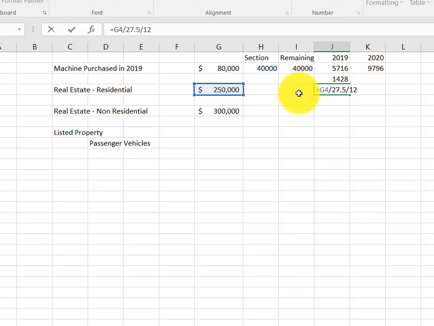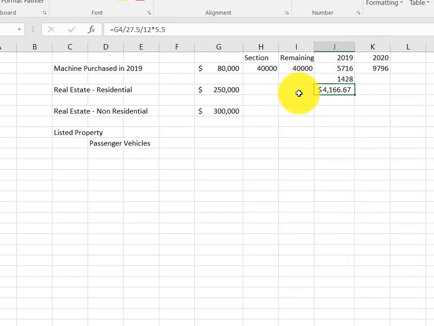So if we bought this residential real estate, say, in July of 2019, anytime in July, we would treat it as if it was bought on the 15th of July, and therefore we would depreciate it for 5.5 months. So no matter what day of the month, you use the middle of the month for the first year.